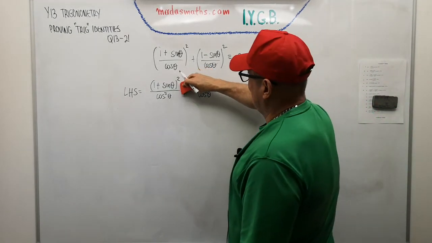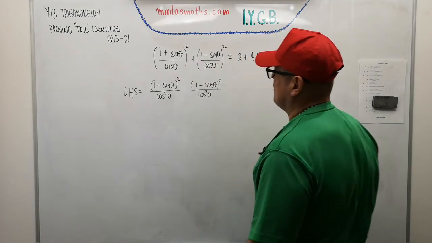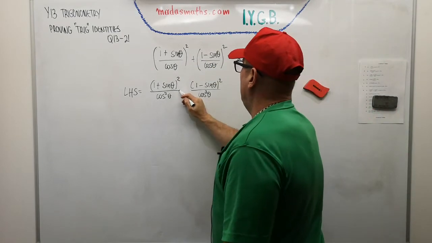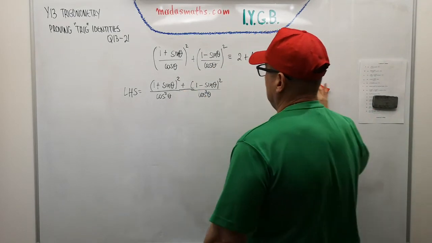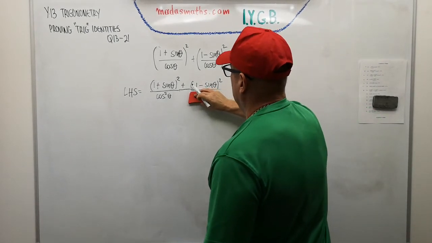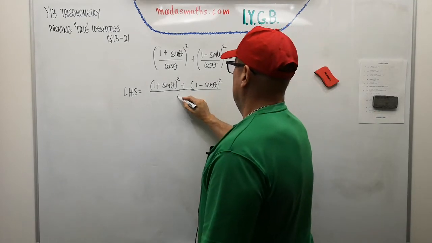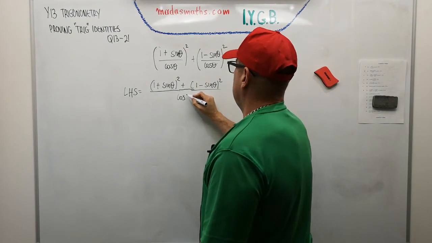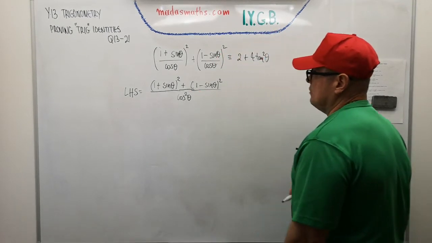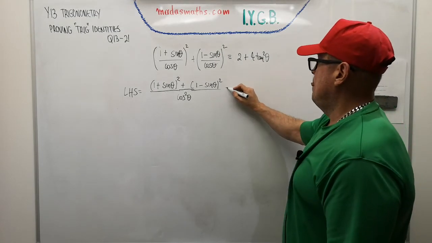I'm going to save a line this time because I'm getting a bit tired of writing too much stuff. I want to put them together and put the cos squared at the bottom. What follows after that is quite clear. I just need to tidy up this numerator.